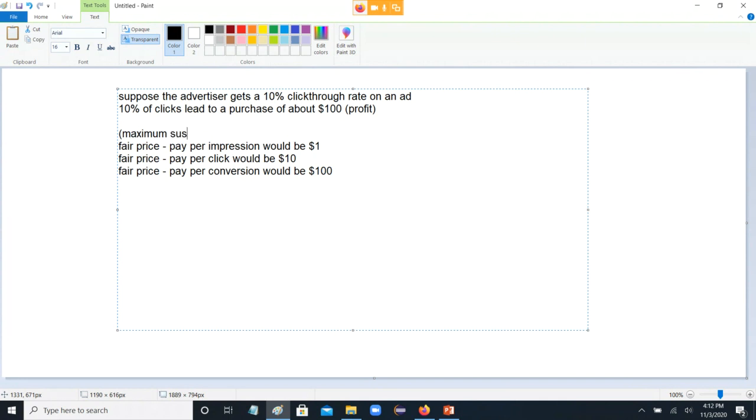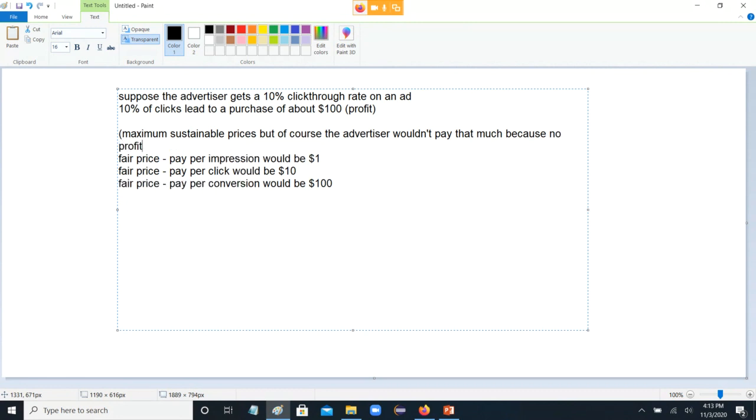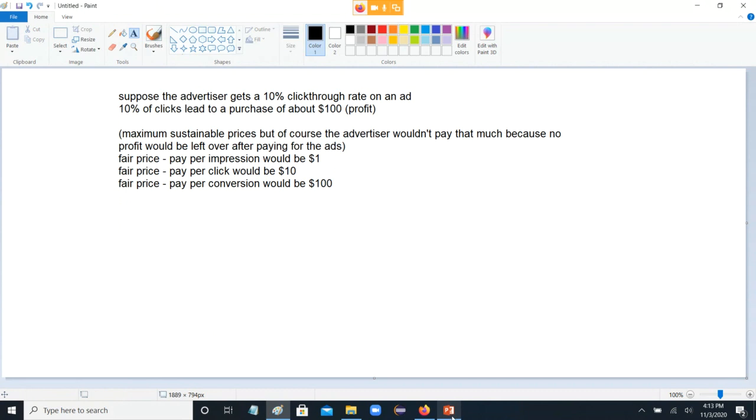Maximum sustainable prices. But of course, the advertiser wouldn't pay that much, because no profit would be left over after paying for the ads. Okay. So hopefully that all makes sense.